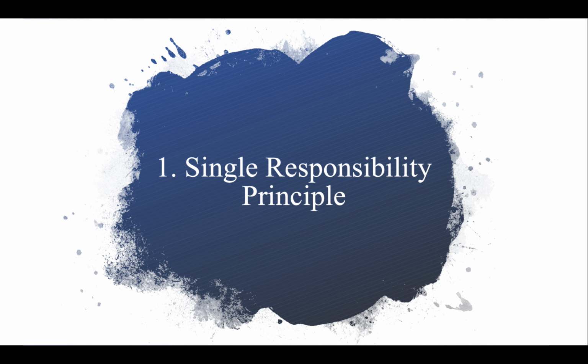Then we will take an example, we will have some code for it, we will see what the problems with that code are, and we will then try to resolve them using the principle, for example the single responsibility principle. So let's have a discussion on the single responsibility principle, the first principle out of the five.